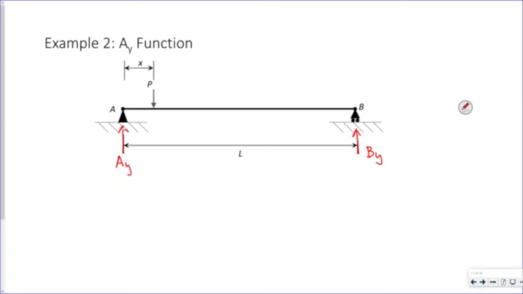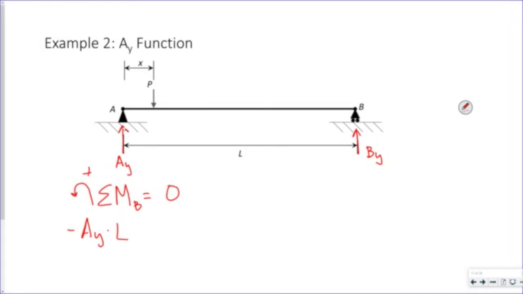If I take the sum of the moments about B to 0, acting counterclockwise, I have AY always acting at a distance L, and then I have my load P acting, oh, see, that's negative because it's clockwise.